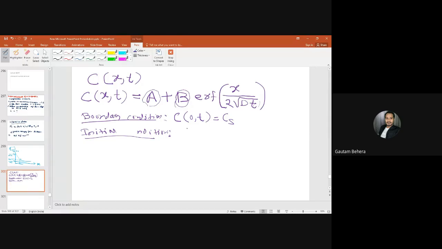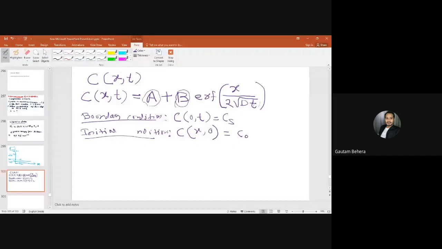And for initial condition, the time is 0, obviously, so I can write concentration as a function of x and time 0, because this is the initial condition. There is no diffusion at all. It is equal to C0. Right? So here time is 0, and concentration will be equal to C0. This is CS.